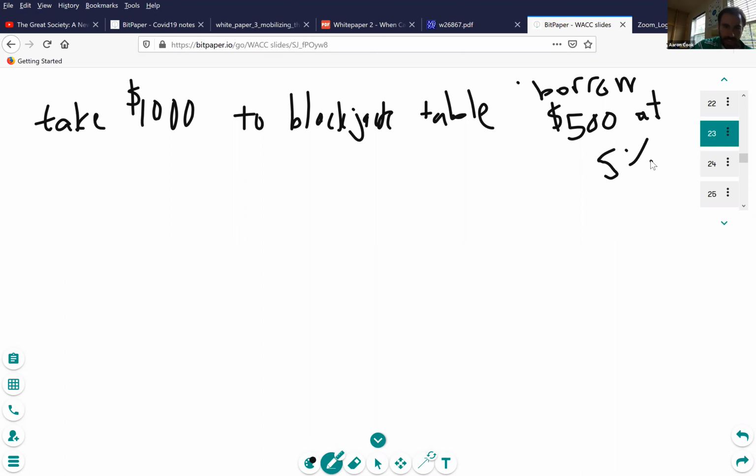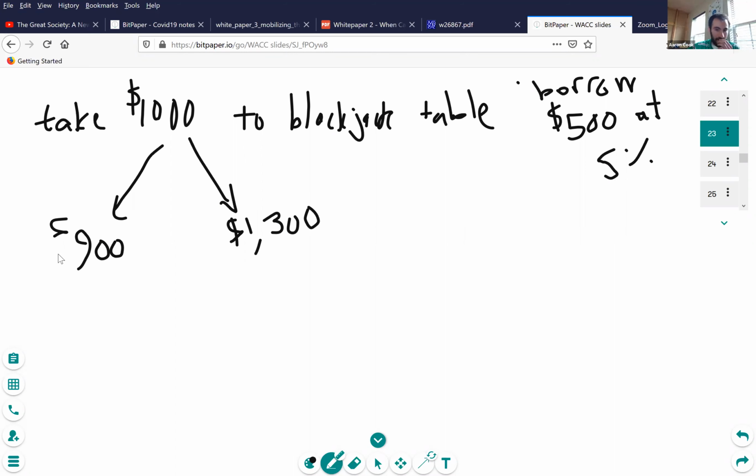Now, let's say we have the same underlying blackjack skills. We're still able to count cards, and on average we're going to come away ahead if we play enough times. We win more than we lose. But this $500 at 5% means there are interest payments.